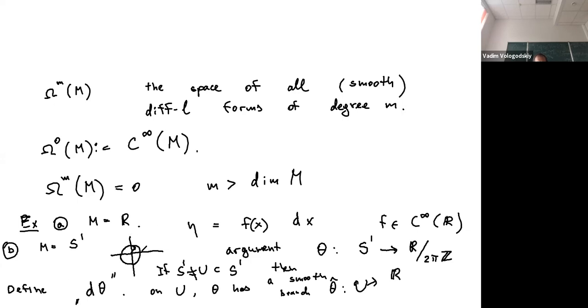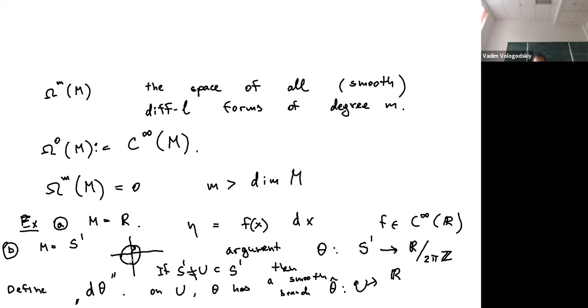Right? So, for example, if I remove just this point, then I can consider the argument that takes values on the interval from negative pi to positive pi.